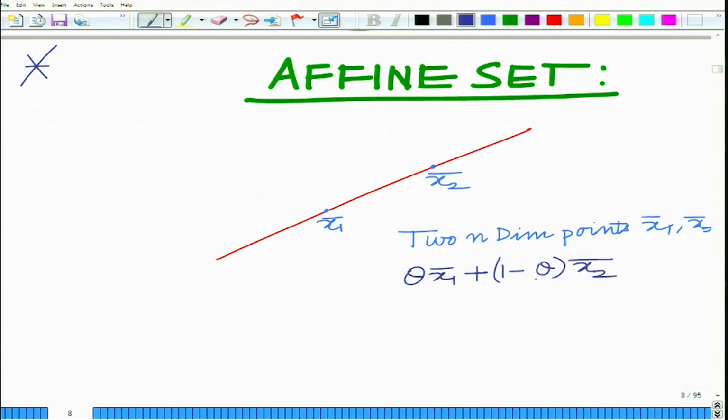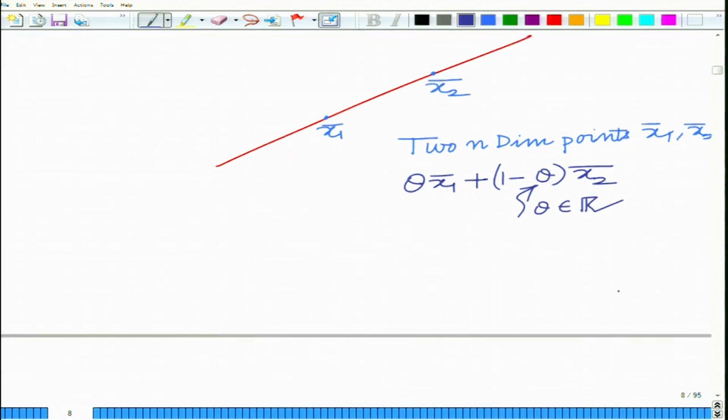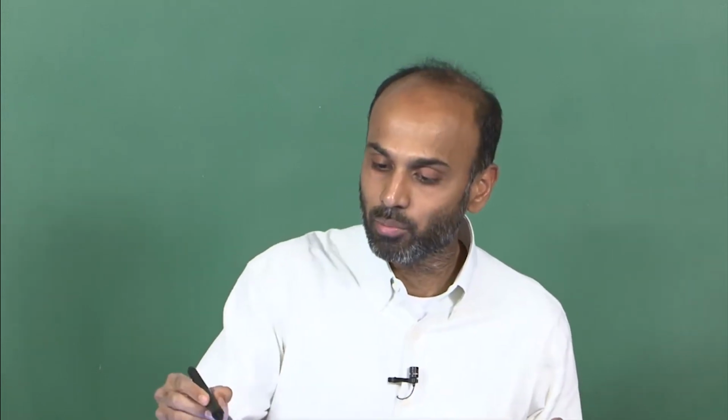but theta can take any real value. Remember, for a convex combination we had restricted theta to lie between 0 and 1. However, in this case there is no such restriction and theta can take any real value, and this is an important point.